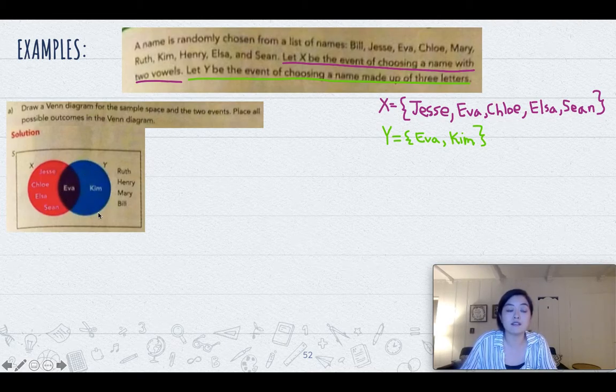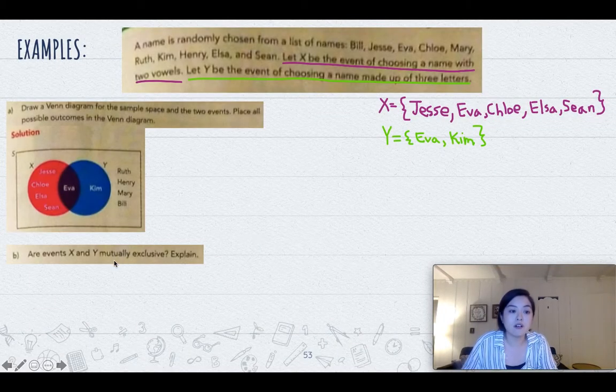Y has Kim and Ava, and X has Jesse, Chloe, Elsa, Sean, and Ava. My sample space is the rectangle around my events, and we write the names that weren't used in the outcomes for X or Y here.